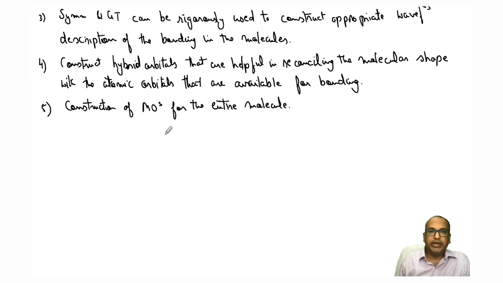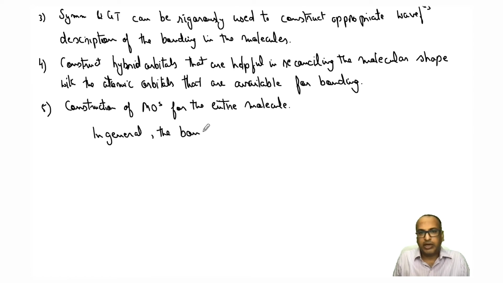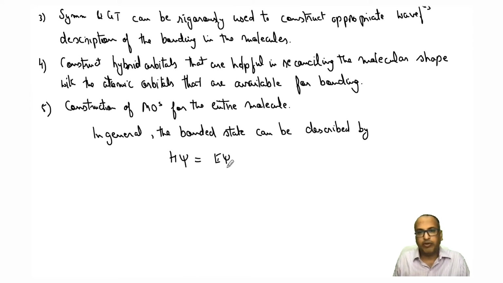In general, and again this is just a refresher, I'm sure you all know this, the bonded state can be described by the famous Schrodinger equation, H psi equals E psi, where H is the Hamiltonian, psi is the state function or eigenfunction, and E is the energy of that particular state, right?